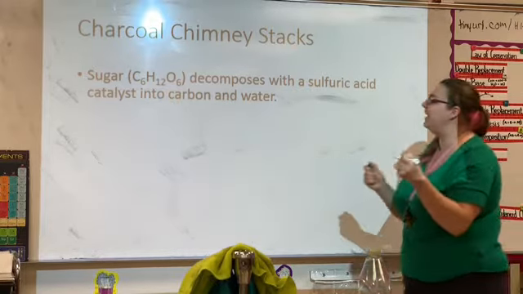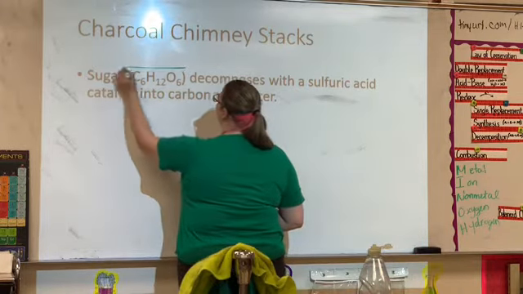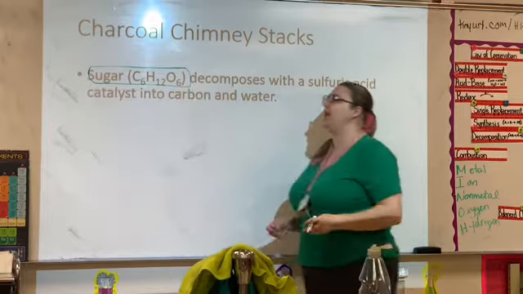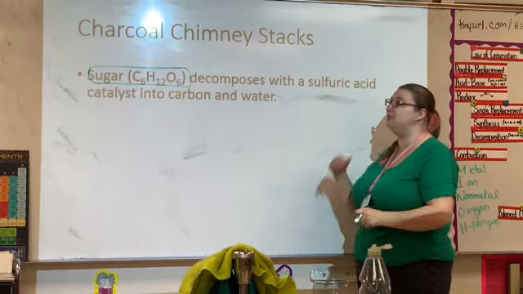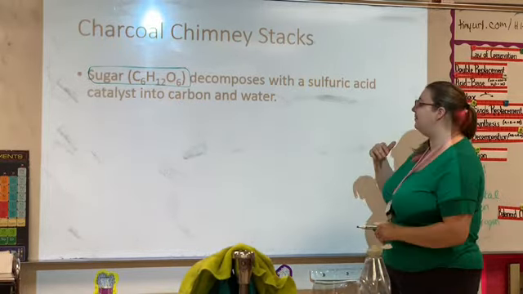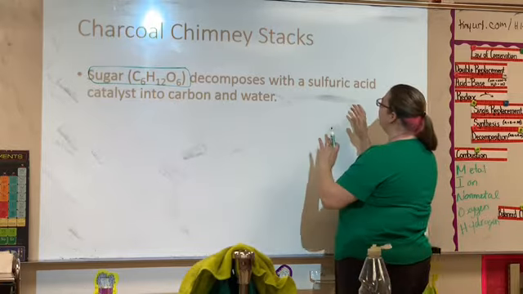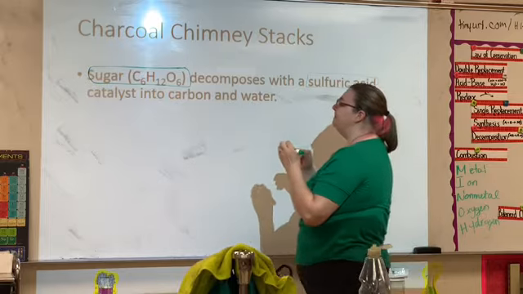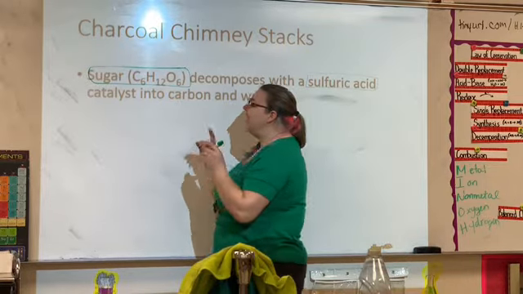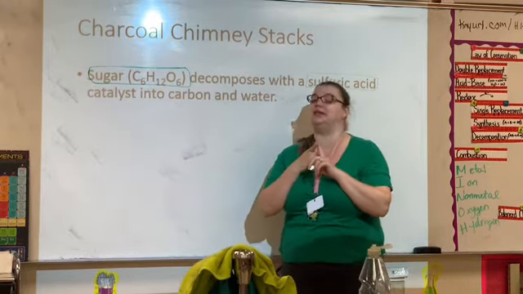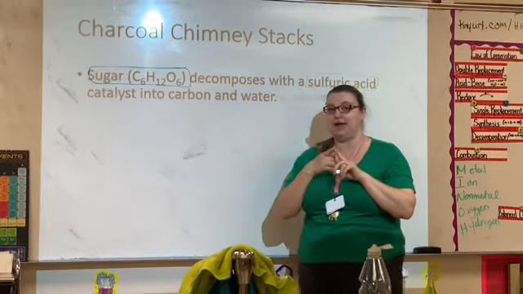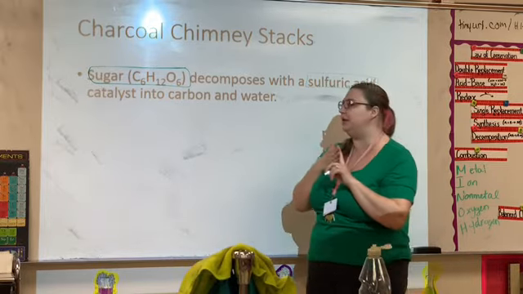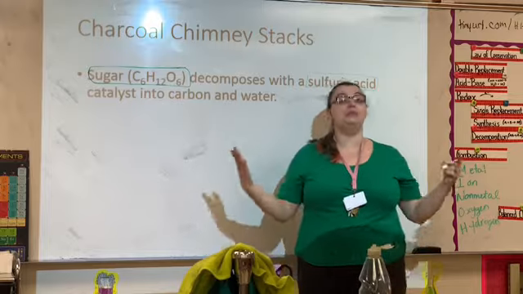All right, so here we have sugar, which we've given you the formula for because it's an organic compound. We're using its common name, so we're going to give you that formula. It decomposes with a sulfuric acid catalyst. If you recall from the law of conservation of mass that we talked about in the reading passage at the beginning of the unit, catalysts are not part of the reaction.